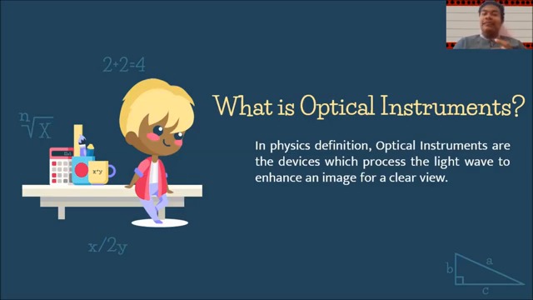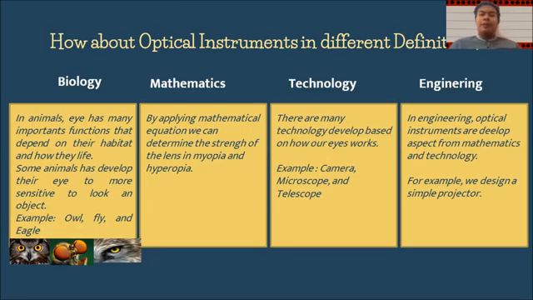In physics definitions, optical instruments are devices which process light waves to change an image into a clear view. So, how about optical instruments in different definitions?